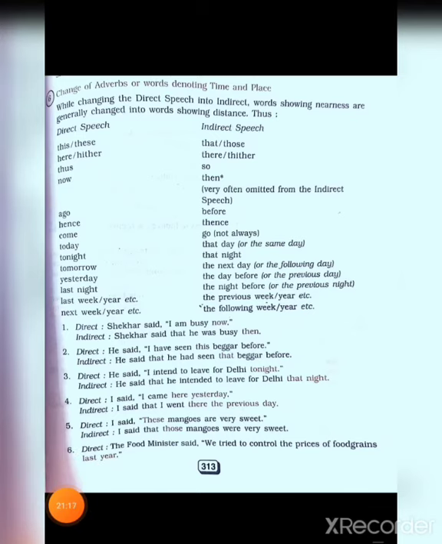There are some other changes also that you should give importance to. That is, this will become that, these will become those, here will become there, hither will become thither. It is already written in your book, page number 313. If you open your book, you will find it.